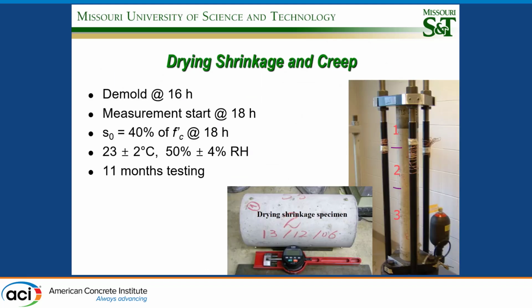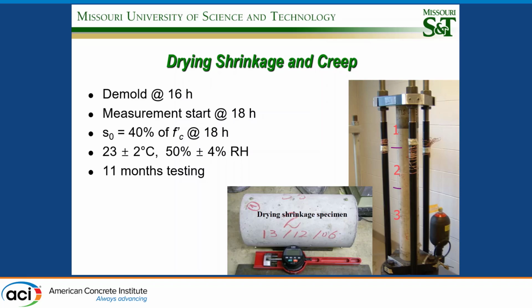And then for drying shrinkage and creep, we tested the samples. For creep, we had to simulate what happens actually in a precasting plant. So we had the samples air dry in the molds actually for 16 hours. And then between 16 and 18 hours, we had to demold them, mill them on both sides, and apply the pre-stressing load.